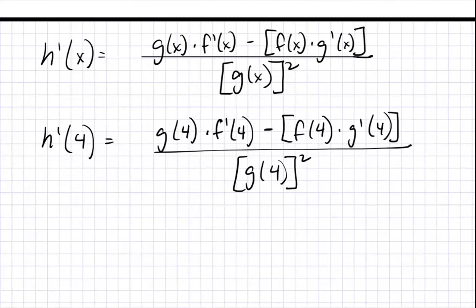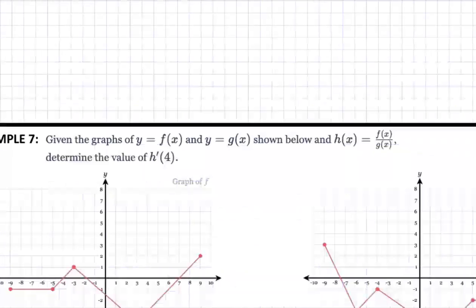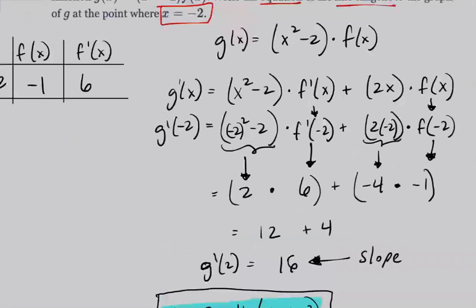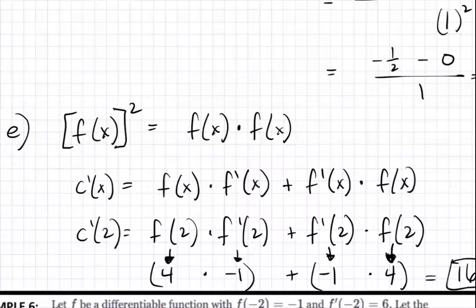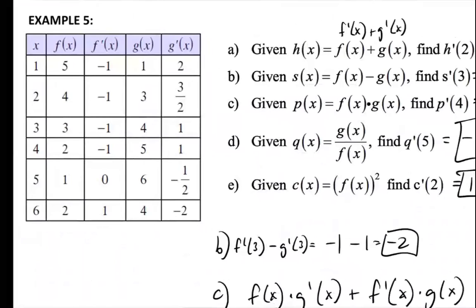Now we don't have a table. But what we do have is a graph, right? So how can we use a graph as a table? Well, we talked about this table here, this is just a bunch of dots, right? I can make a graph of f of x.